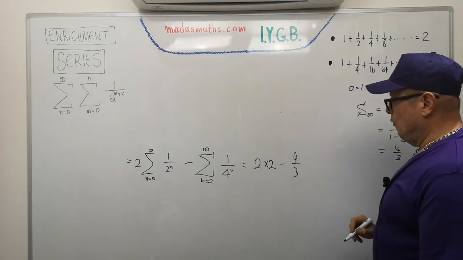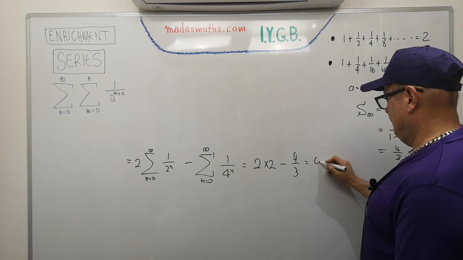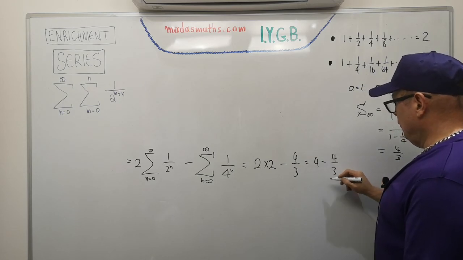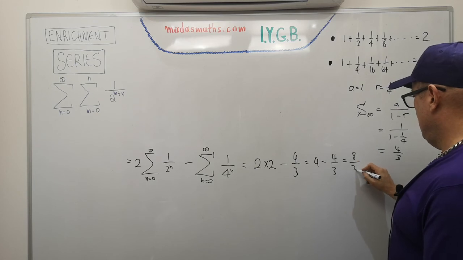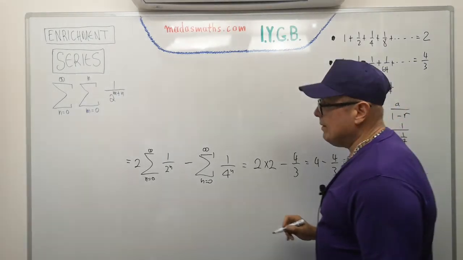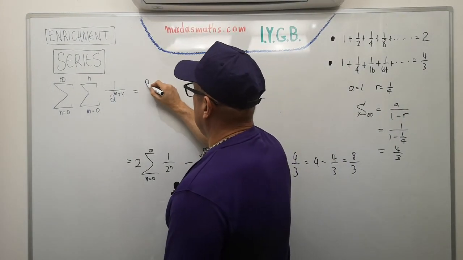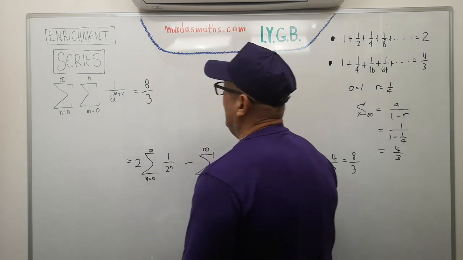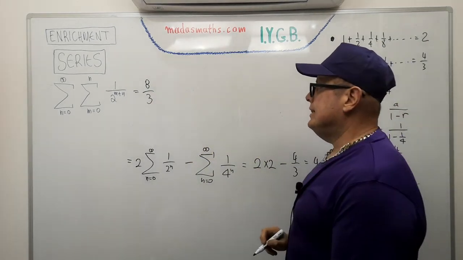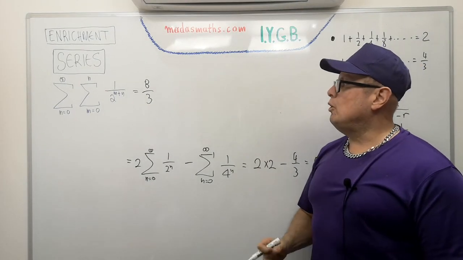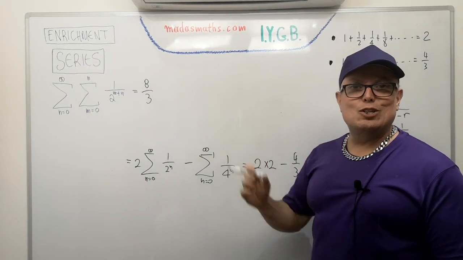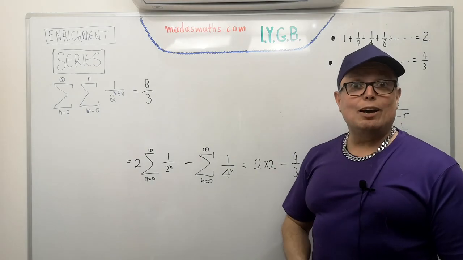So the answer should be 4 take away 4/3. 4 is 12 over 3, take away 4, which is 8. 8 over 3. So I hope I haven't made any silly errors and you're all laughing at me so far. But I make this particular double sigma question equal to 8/3. I hope you made it too. And who's laughing now? I am.